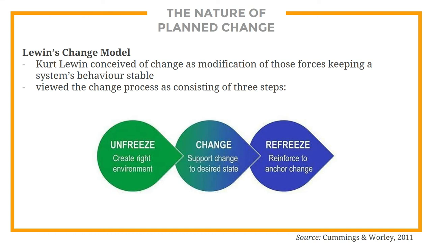When both sets of forces are equal, current behaviors are maintained in what Lewin termed a state of quasi-stationary equilibrium. To change that state, one can increase those forces pushing for change, decrease those forces maintaining the current state, or apply some combination of both.